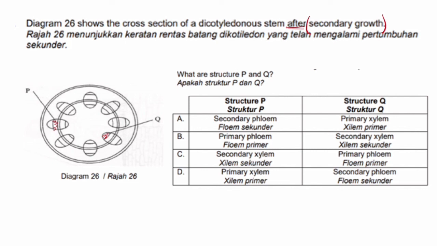Have you thought about it? If you answered A, then you are correct. The answer is P is the secondary phloem, while Q is the primary xylem.